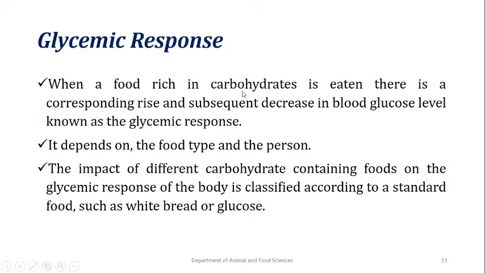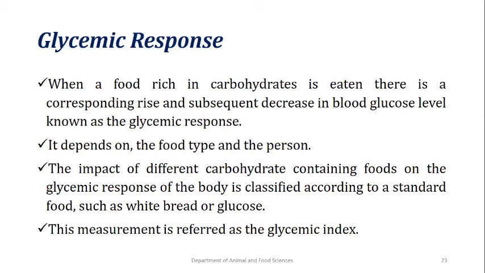We will look at what the glycemic index is and how it is calculated. The measurement is referred to as glycemic index. To have a better understanding, or to compare the glycemic responses of different kinds of food, we have an index called glycemic index.